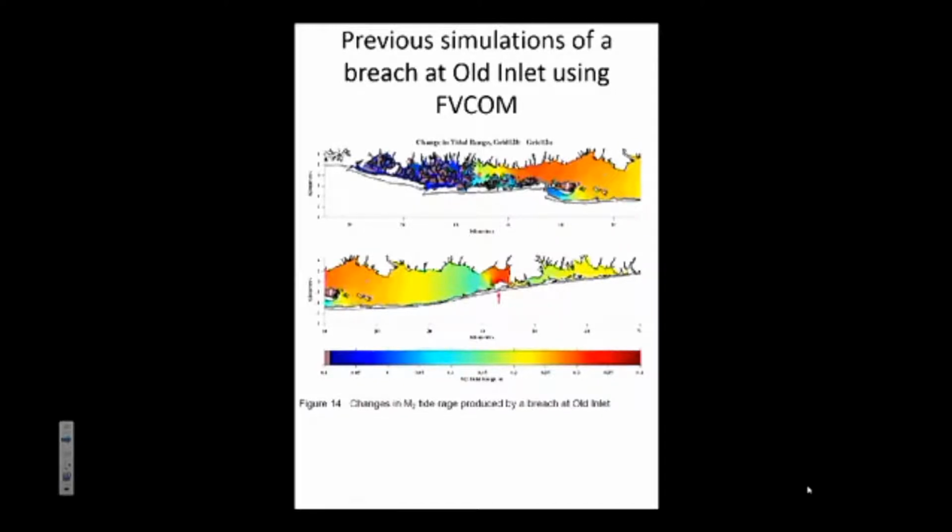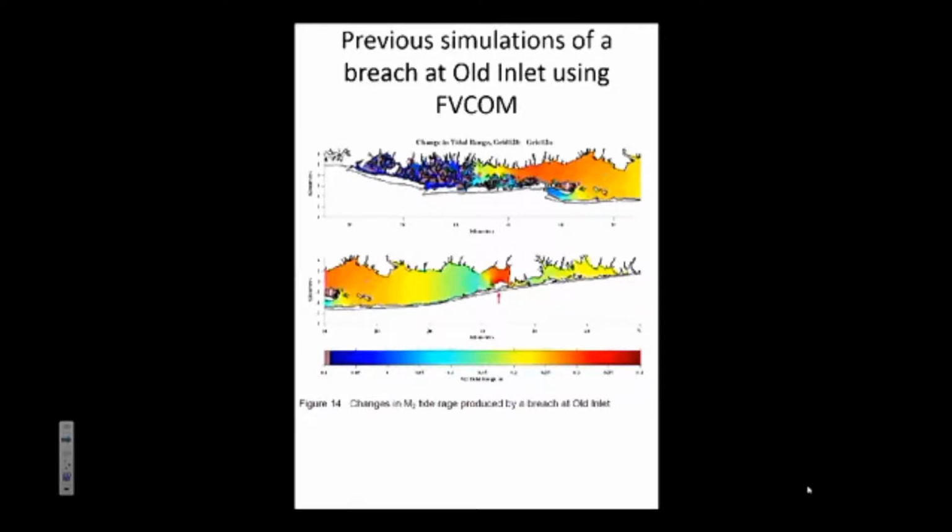The area of the breach is indicated by the arrow, but this picture shows, for that old breach, changes in the M2 tide range produced by this 3-dimensional model simulation that we did, FBCOM. It's a 3-dimensional finite volume model. It had like 10 layers, very high resolution in space.